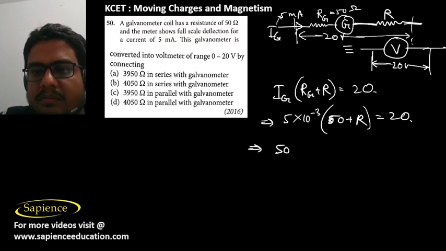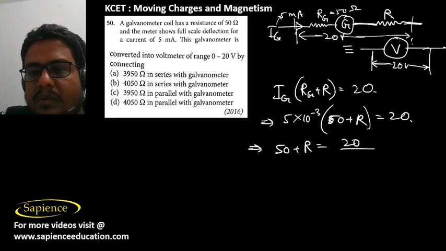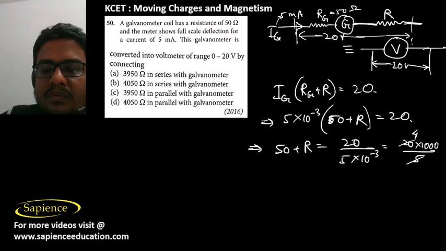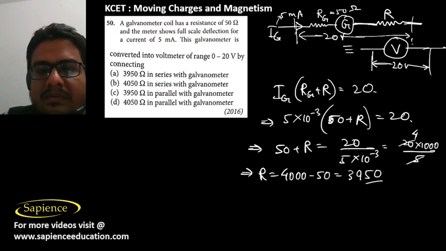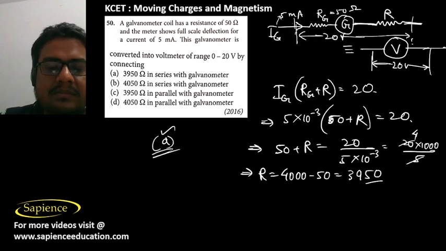So 50 plus R is equal to 20 by 5 into 10 power minus 3, which is 20 into 1000 by 5. 5 4s are 20, so 4000. So R will be equal to 4000 minus 50, that is 3950. So 3950 ohm should be connected in series with the galvanometer. So option A is the correct answer.